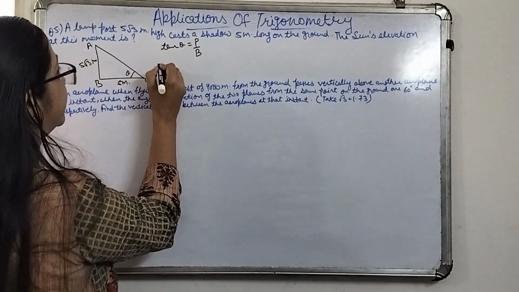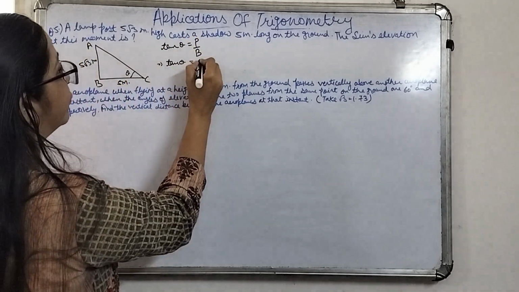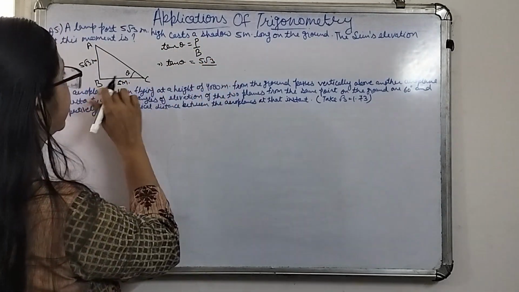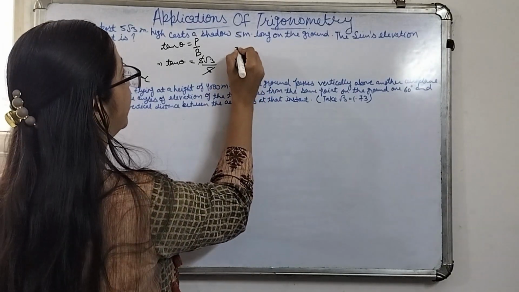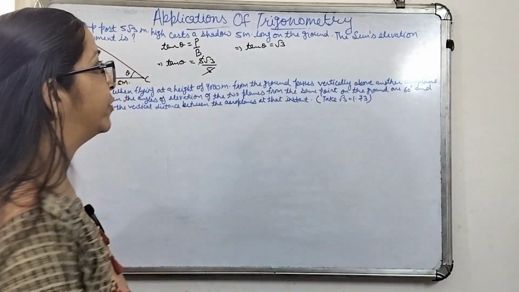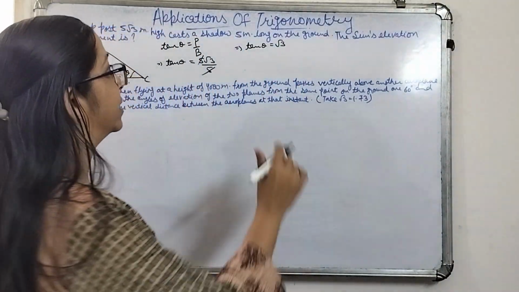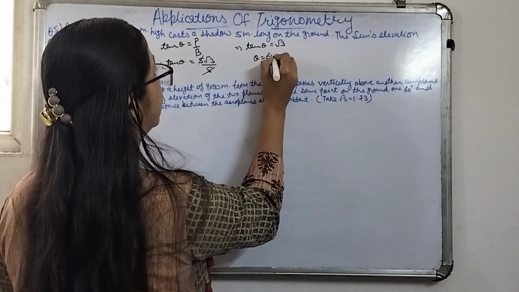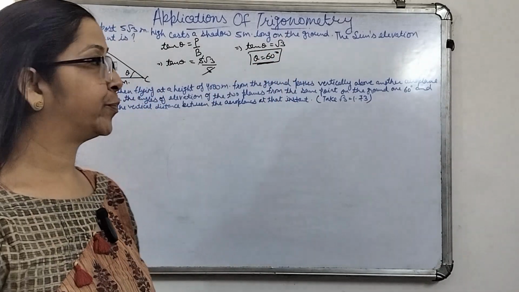So tan theta is equal to the perpendicular, 5 root 3, over the base, 5. So 5 and 5 both cancel, and from here we know that tan theta is root 3, and we know that tan theta is root 3 when theta is 60 degree. That means the elevation of the sun at that moment will be 60 degrees.